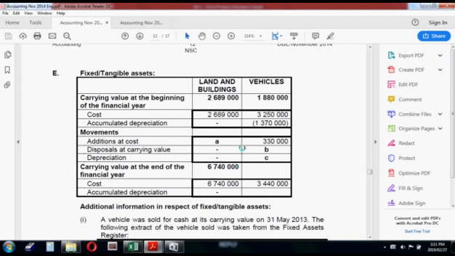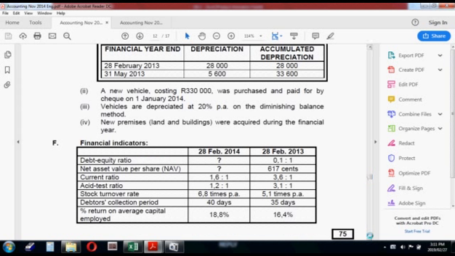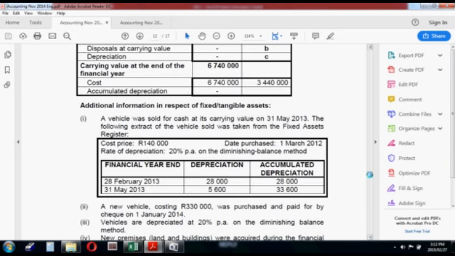For number B, we have to determine disposals at carrying value for vehicles. If we go to the additional information, we will see for point 1 that a vehicle was sold for cash at its carrying value on the 31st of May 2013. The following extract of the vehicle sold is taken from the fixed asset register. The cost price of the vehicle sold is 140,000.